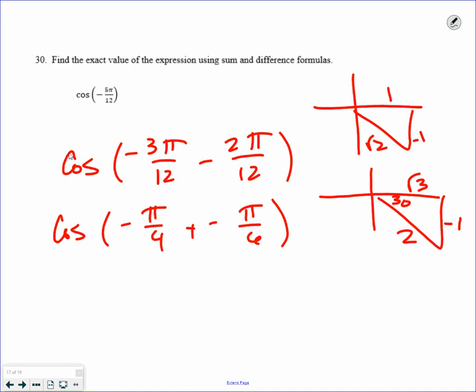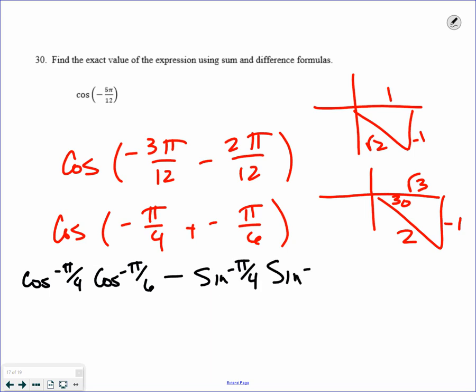Cosine with a plus sign. It's cosine of the first, cosine of the second, minus sine of the first, sine of the second. And now it's a matter of looking at the picture and putting the correct ratio in. Cosine of negative pi over 4 is the square root of 2 over 2.